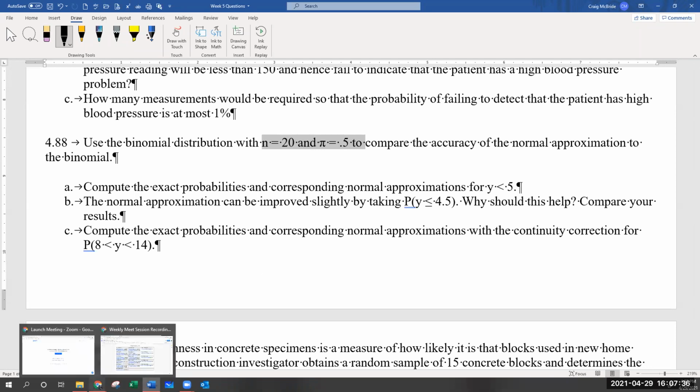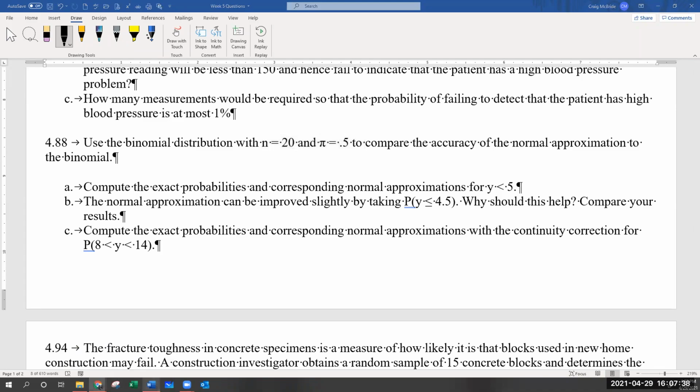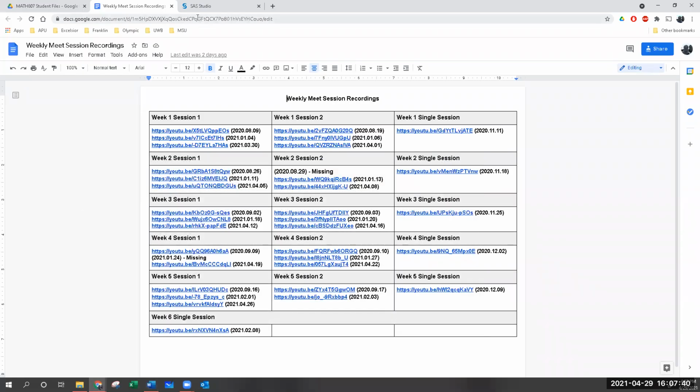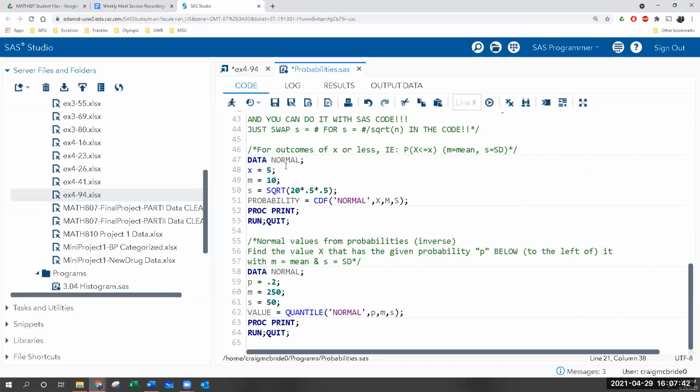Yeah, so I'm thinking maybe my answer key is wrong, because I can't see any mistakes here. We want less than 5, which is the normal CDF up to 5. We've got a mean of 10, which is 20 times 0.5. We've got the square root of 20 times 0.5 times 0.5. I don't see any problems there.